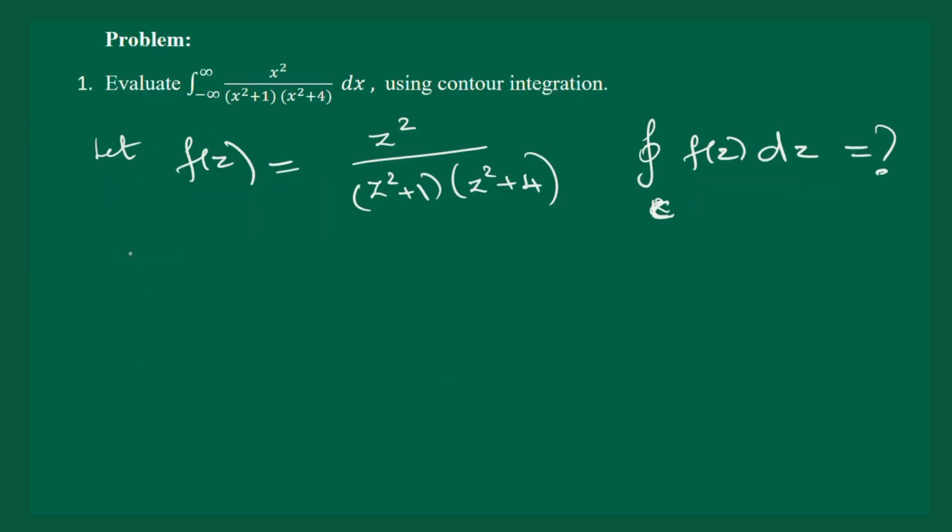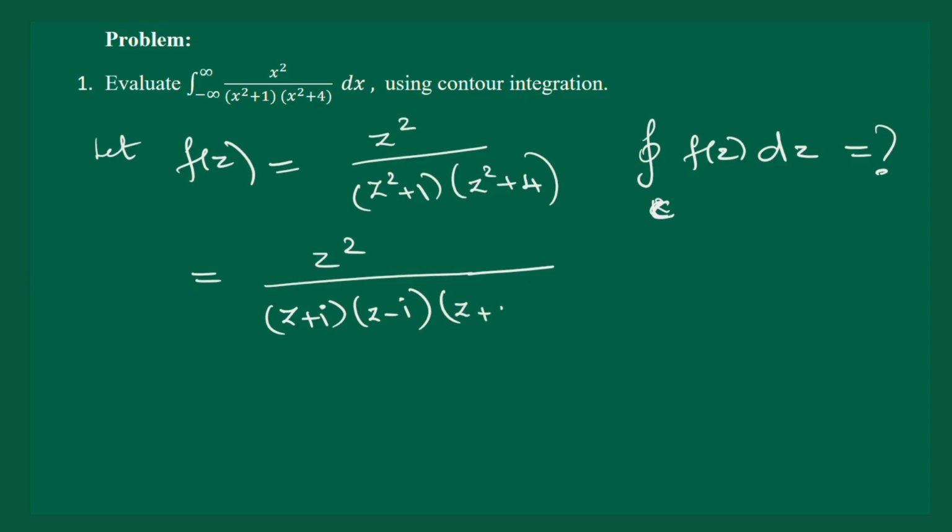Now to find the singular points, we have to equate the denominator to 0. Before that we can factor this. How to factor z square plus 1? z square plus 1 can be written as z plus I into z minus I. Similarly, z square plus 4 can be factorized as z plus 2I into z minus 2I.